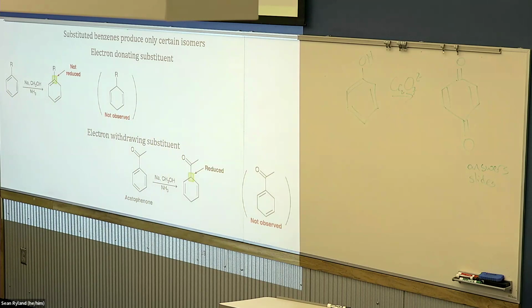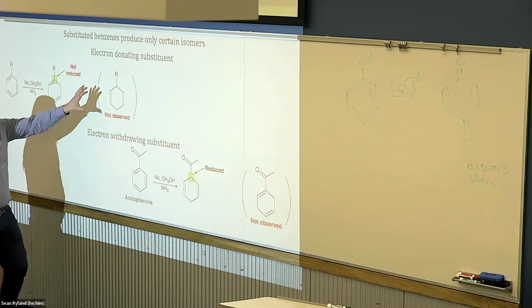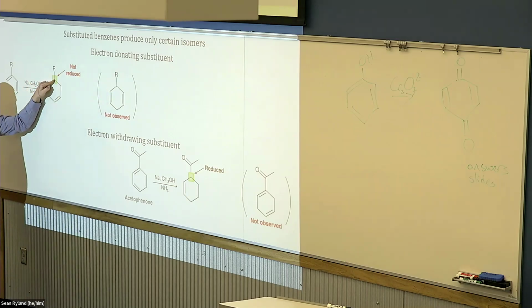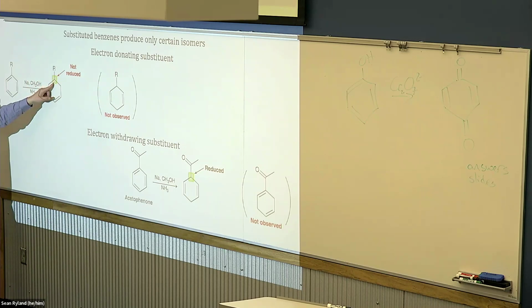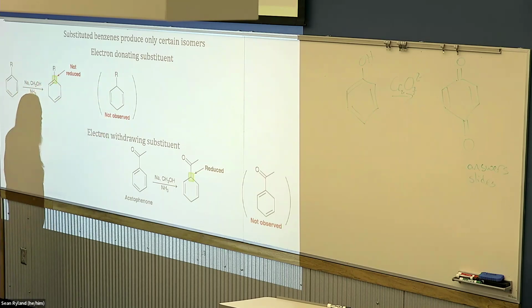If you have an electron donating substituent, which is going to be basically sp3 carbons, our biggest electron donating substituents, your electron donating substituents only show up attached to the pi bonds in the allylic position. We don't observe our electron donating substituents on the sp3 carbons.